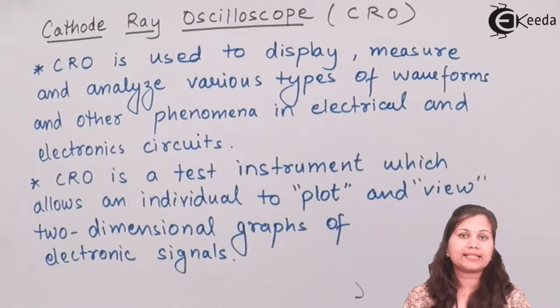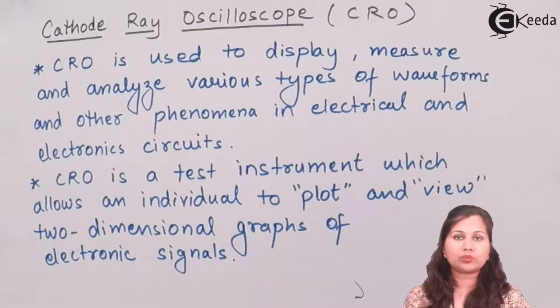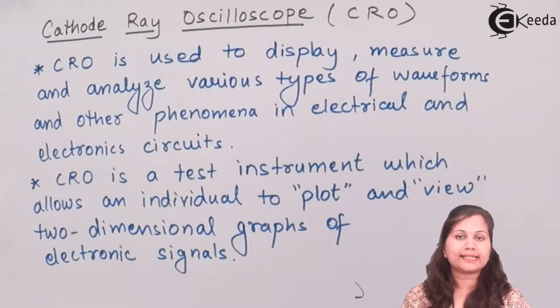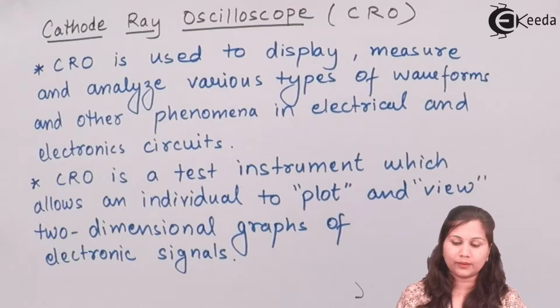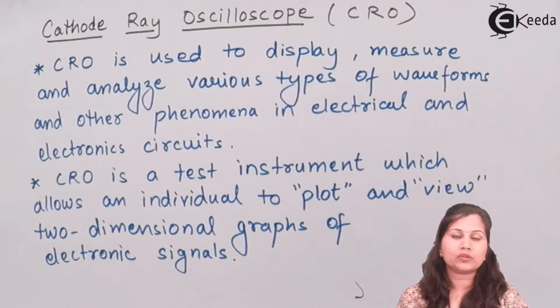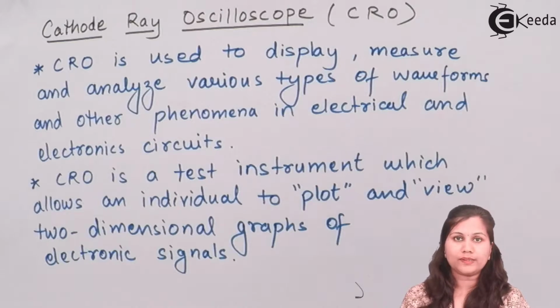So we can say that the CRO is an XY plotter, plotting signals on the X-axis and the Y-axis. Here we are going to study the various components of a basic CRO circuit.